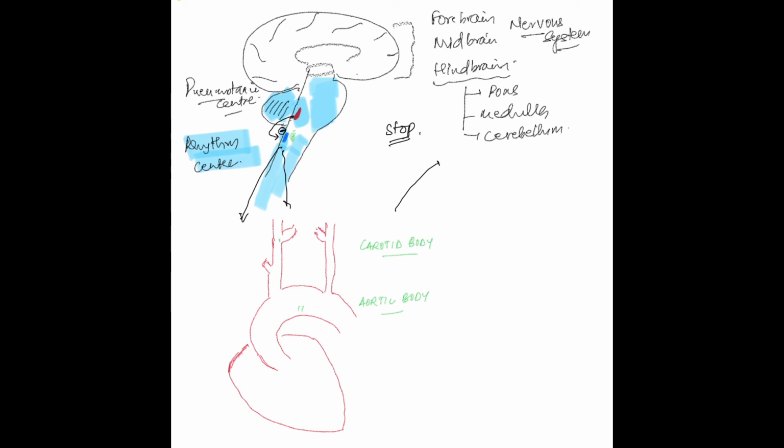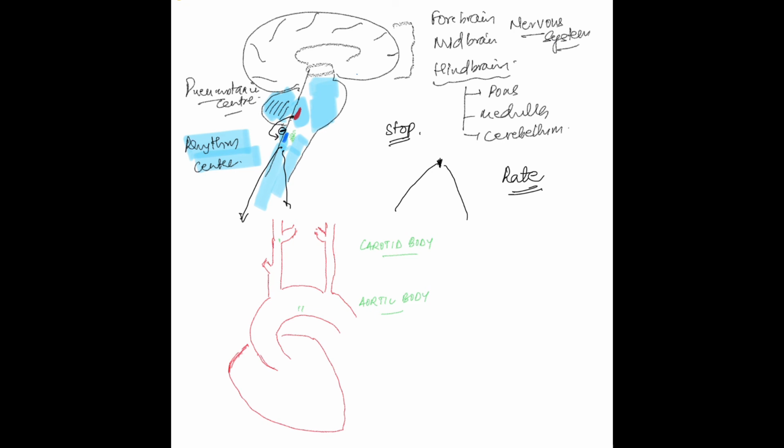So when the rhythm center is inhibited, no more signals are going to the muscles, because of which the diaphragm and external intercostal muscles relax and expiration begins. The pneumotaxic center therefore can reduce the duration of inspiration and hence alter the respiratory rate.